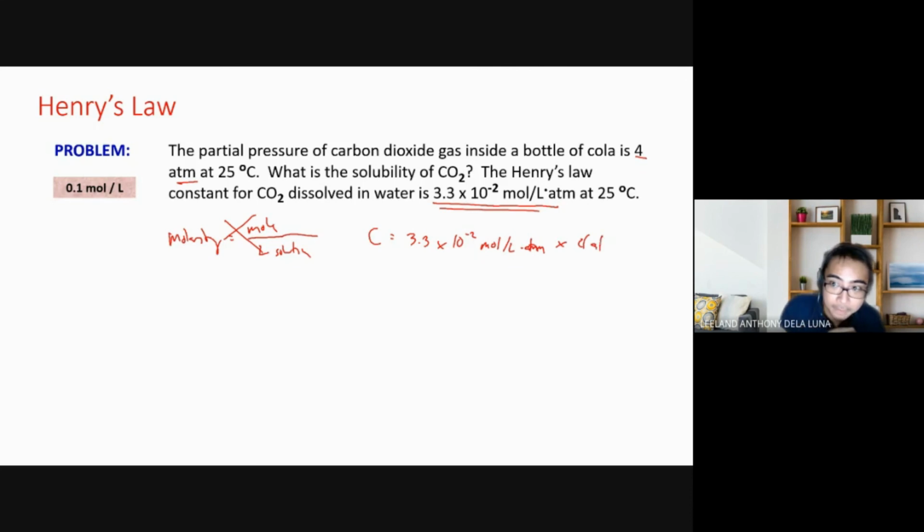That gives 3.3 times 10 to the negative 2 times 4. The solubility would be equal to 0.132. The unit is mole per liter. So that's how many moles per liter of carbon dioxide dissolve at 25 degrees Celsius.